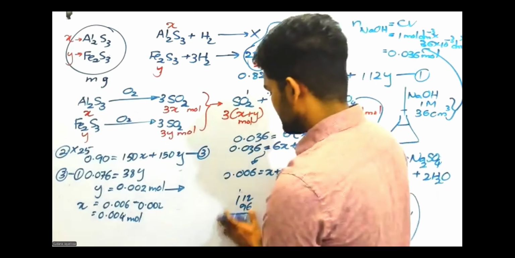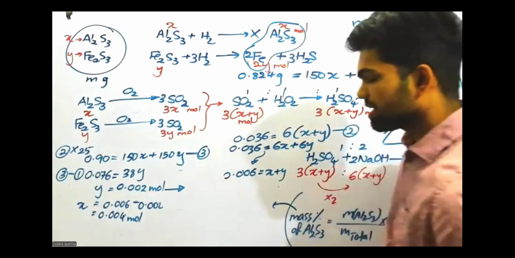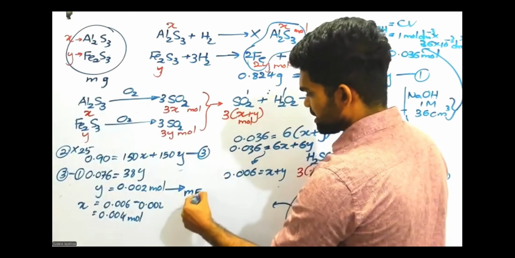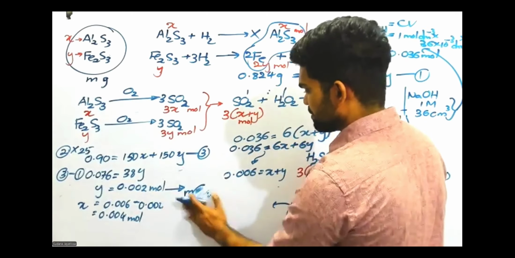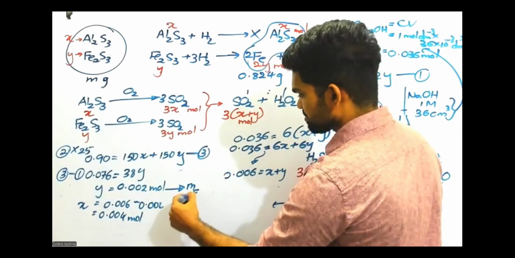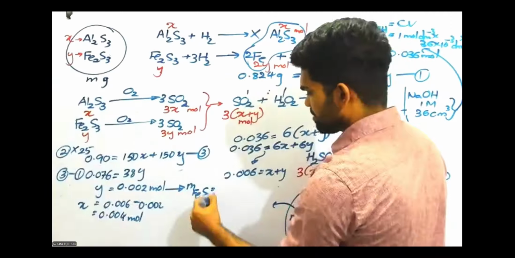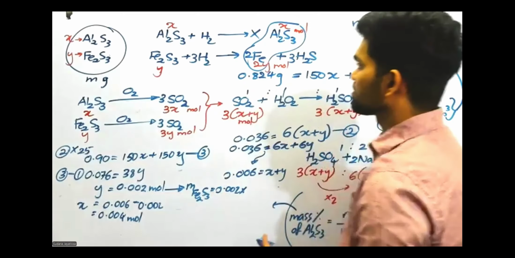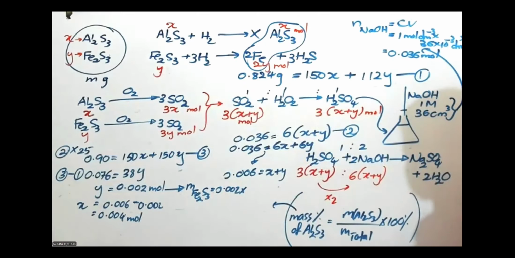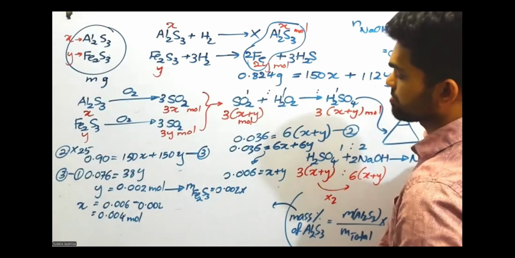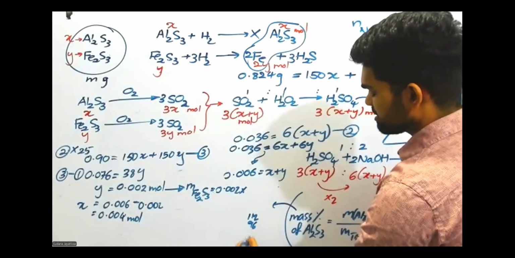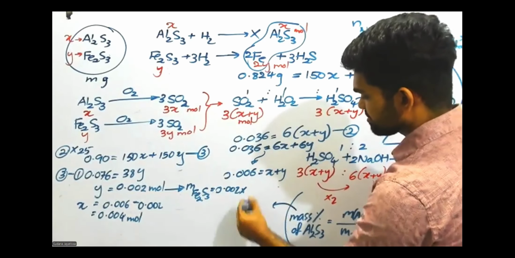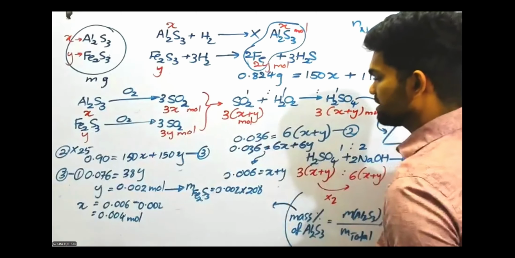Okay. So now the simplification part is the difficult one. We can find the mass of Fe2S3 by multiplying 0.002 by 208.